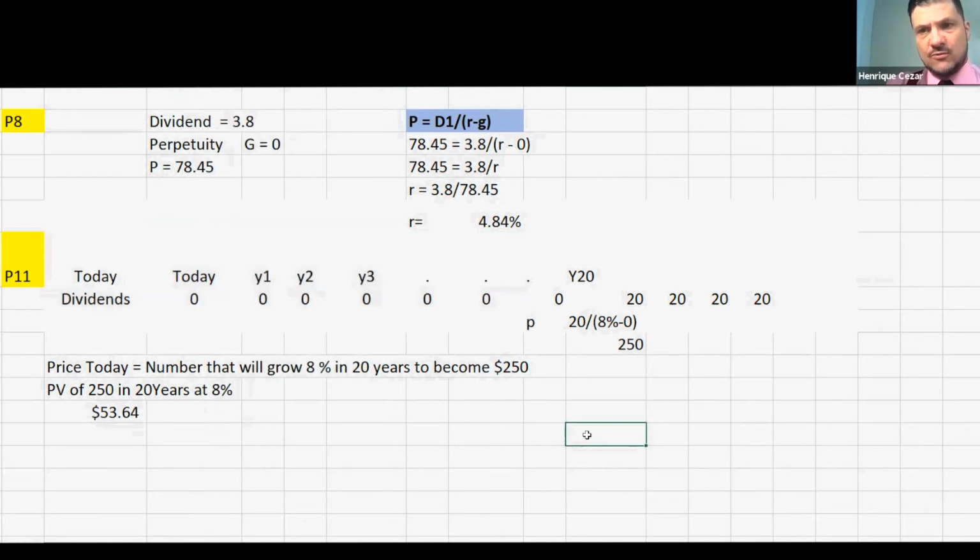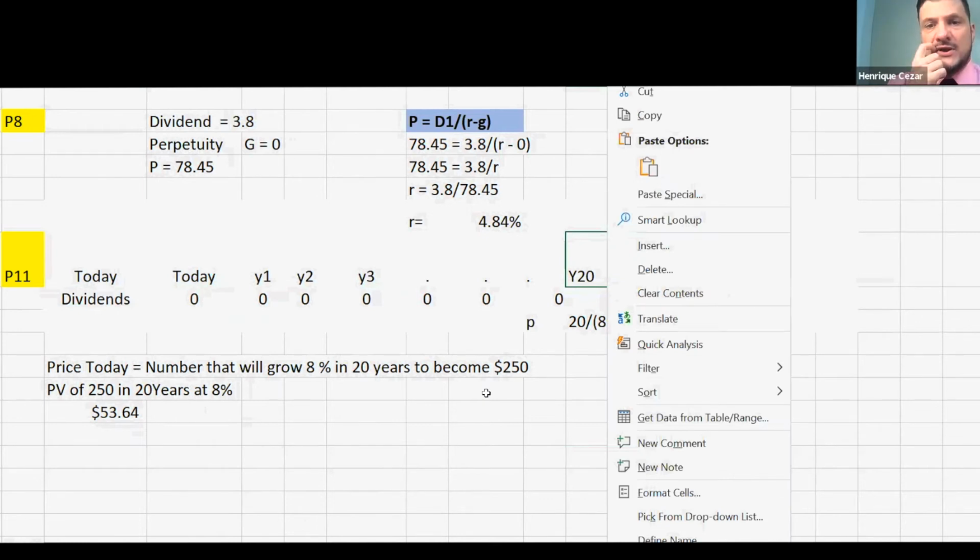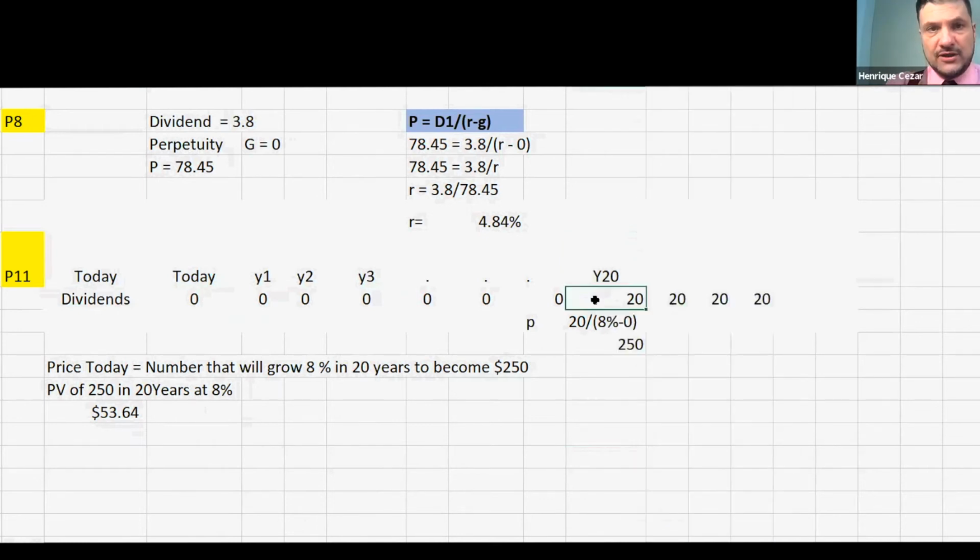So no dividend year 1, no dividends year 2, 0, 0, 0, 0, all the way to year 20, when the stock will pay the investor $20, and then $20, $20, a constant dividend after that. So how do you figure out the price to pay today for that stock?